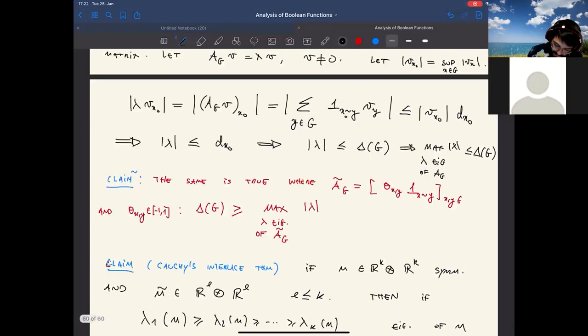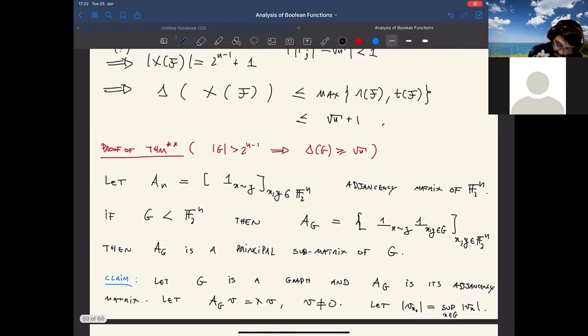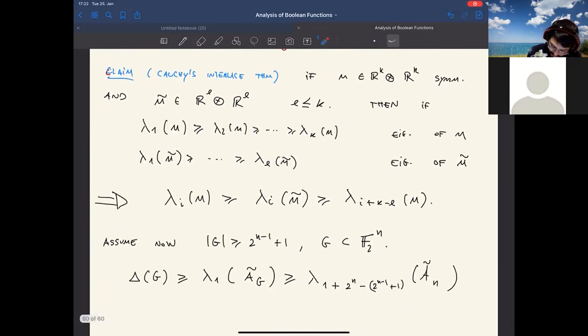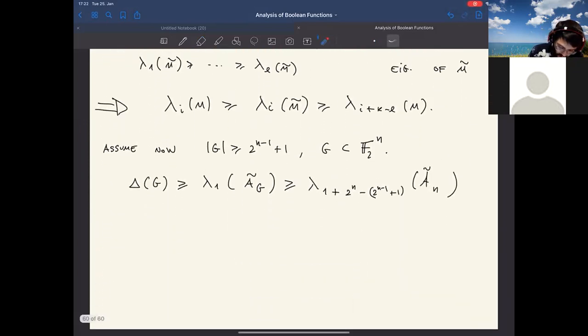So recall that we define A of n to be the adjacency matrix of F2, and H tilde is just some signed version of it, when I put some number here that could be between -1 and 1. We don't know.